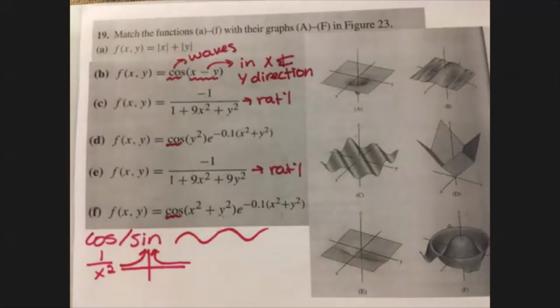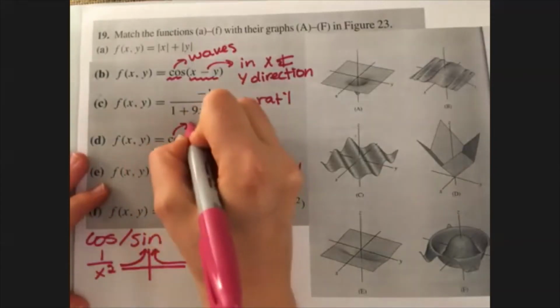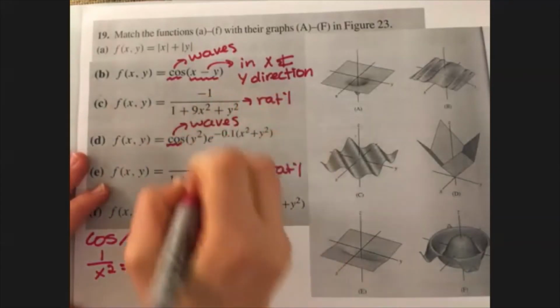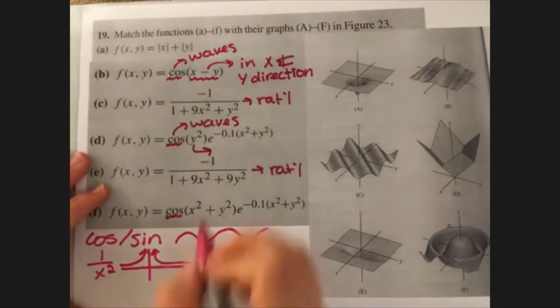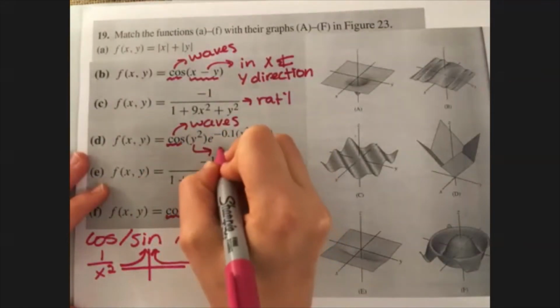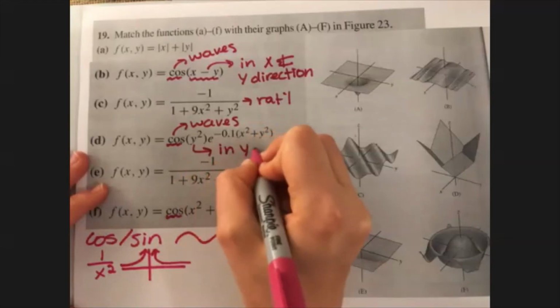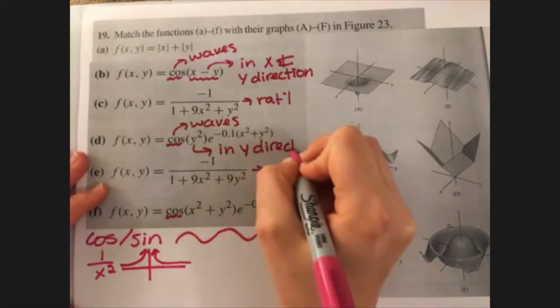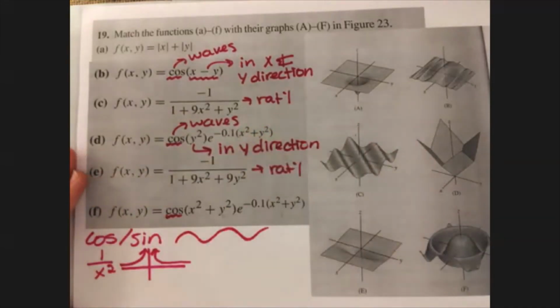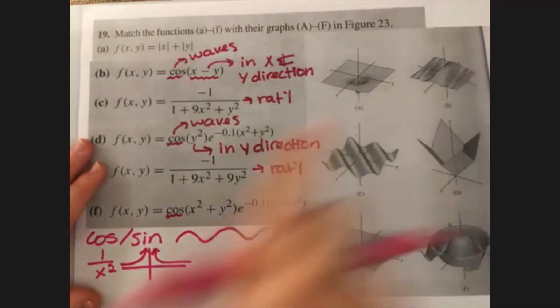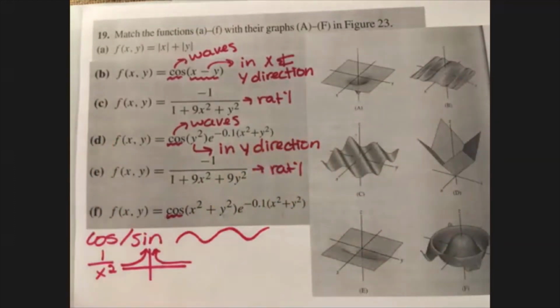That's something you're going to want to keep in mind when you're deciding which graph this belongs to. In contrast, this cosine only has a y plugged into it, so the waves are only going to go in the y direction. And that should be enough to narrow down which one of these corresponds to letter D.